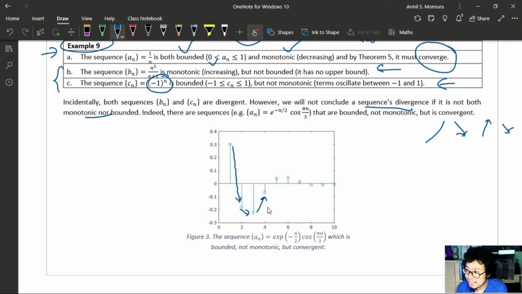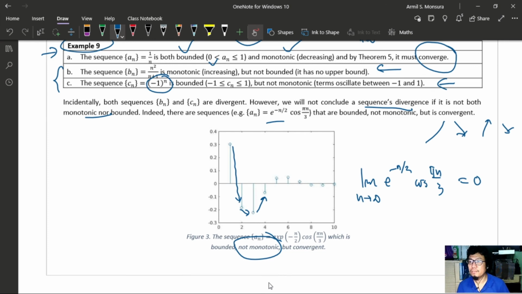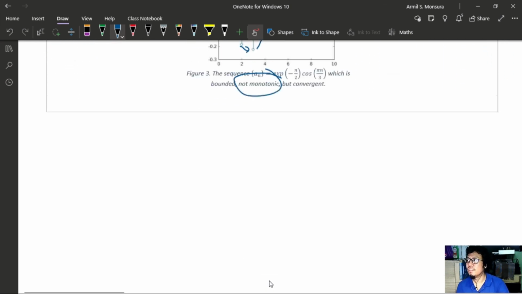But as you can see, the general behavior of the sequence is actually going towards 0. So if you evaluate the limit of e raised to negative n over 2, cosine of pi n over 3 as n approaches infinity, you may be able to say that it becomes 0 eventually. So that's a convergent sequence. But it is not monotonic. So we won't be able to argue using theorem 5 that this sequence is convergent, nor divergent, just because it is not monotonic.